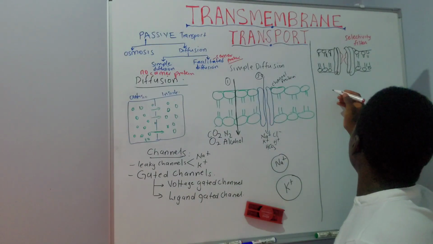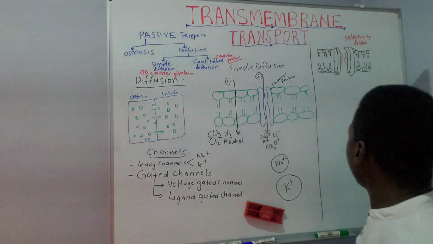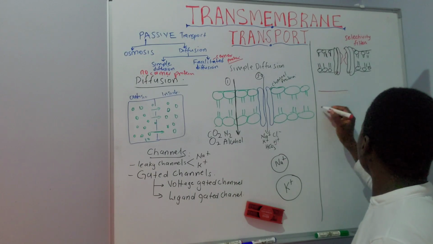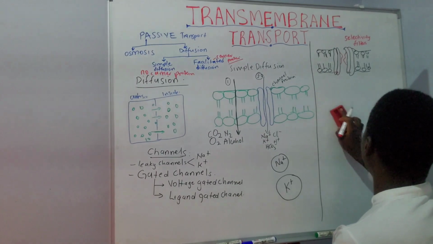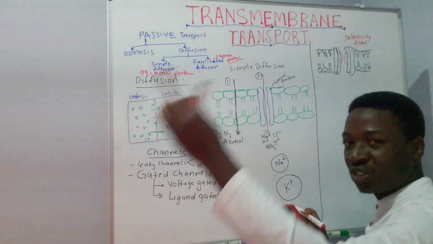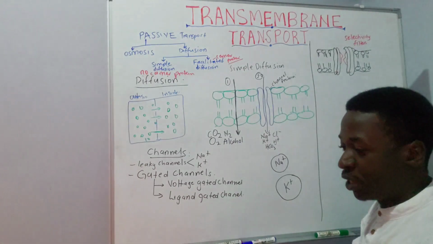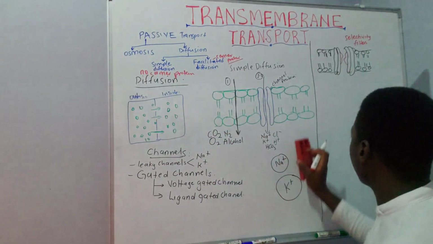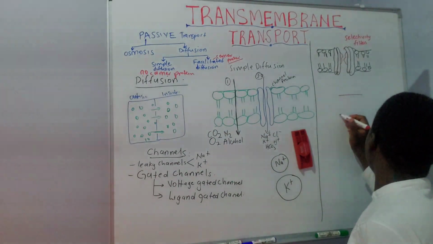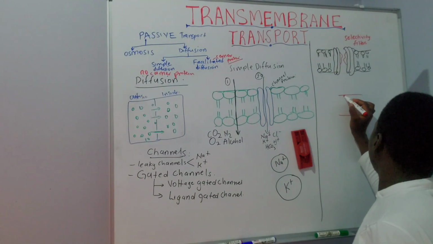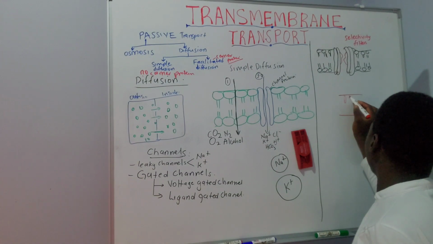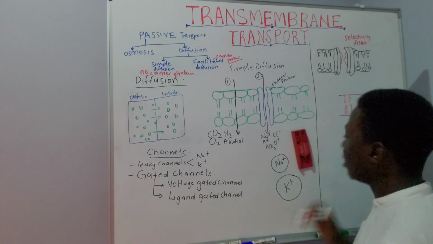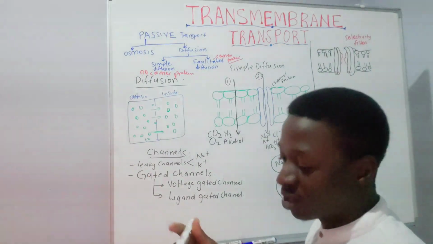To make things easy for you to understand, if you are going to move through this, maybe a tube, okay, a tube that you're going to move through, we have someone within that can aid you to move across the tube.